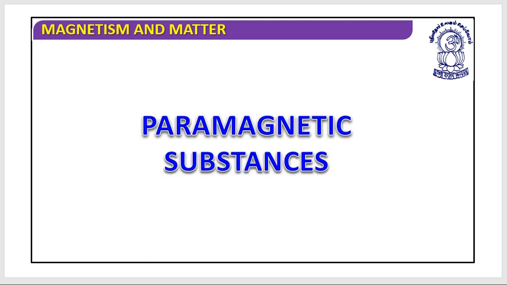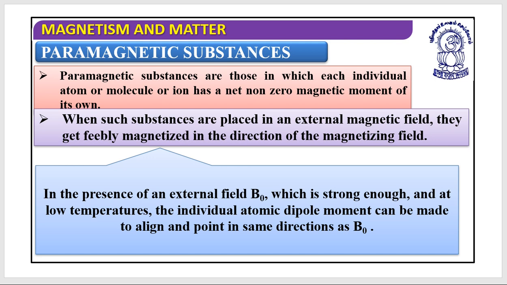Now let's focus on the paramagnetic substances. When I discuss paramagnetic substances, they are the materials in which each individual atom or molecule or ion has a net non-zero magnetic moment of its own.